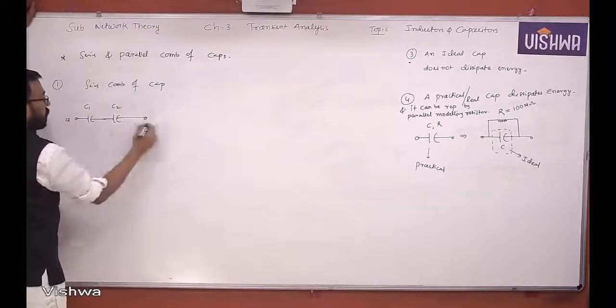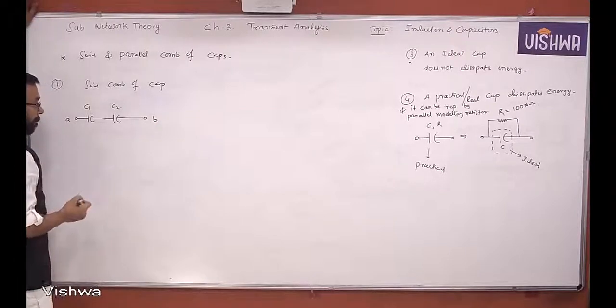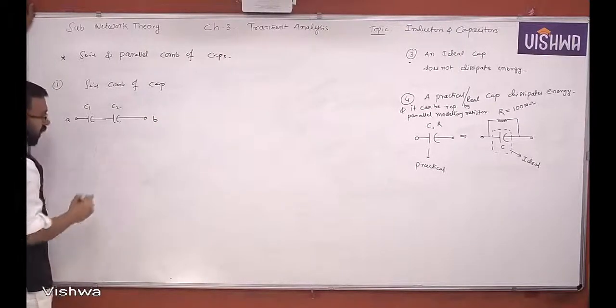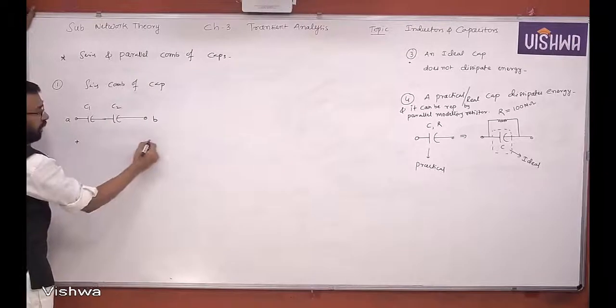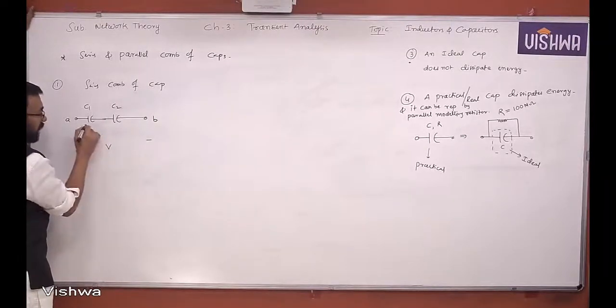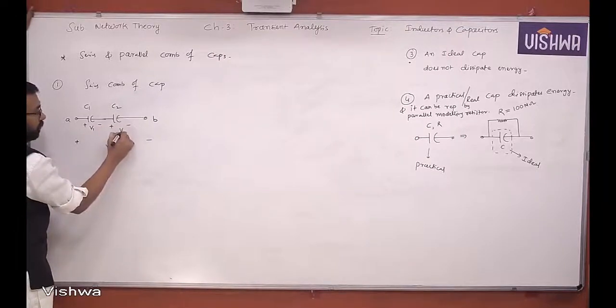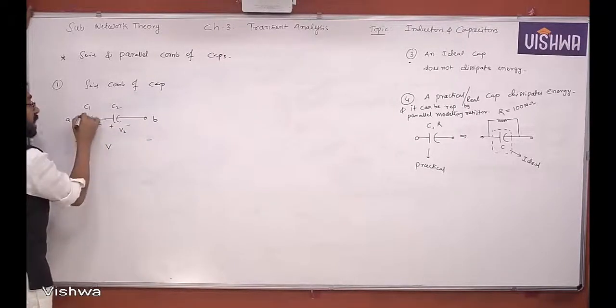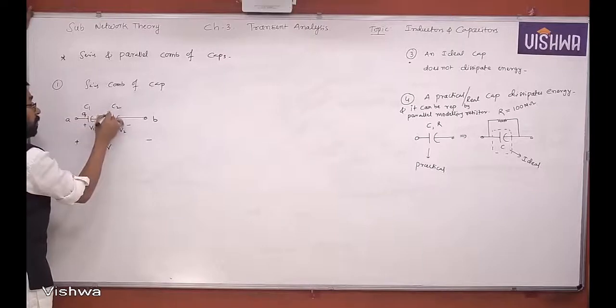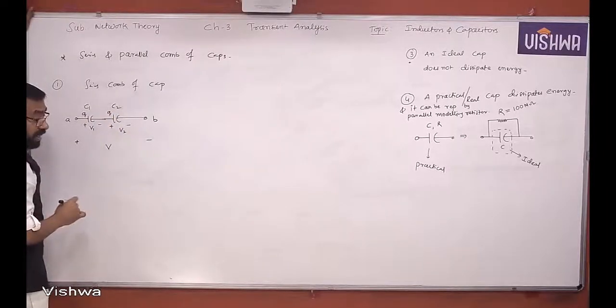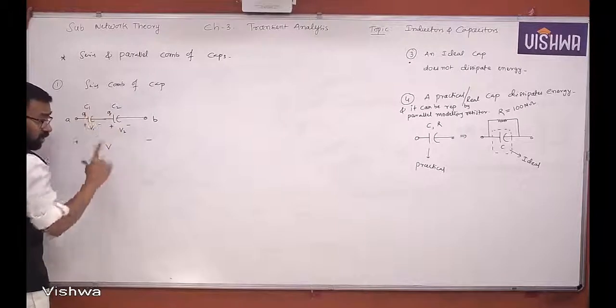This is A, this is B. Usually in the series case, when you apply some voltage V, it gets divided into V1 and V2, and the charge remains the same, because in a series case the current is the same. Time rate of change of charge is nothing but current. Current is the same and charge is also the same.